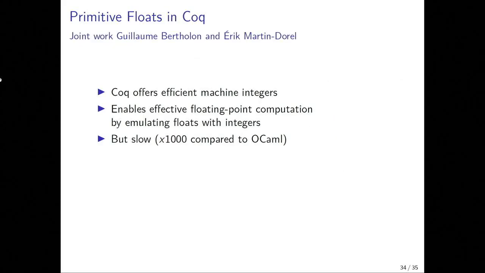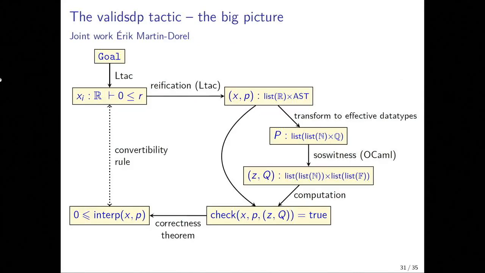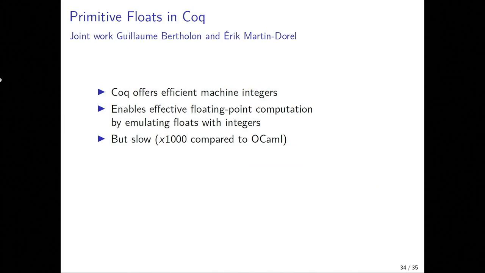And the last point is that we are doing floating point computation inside Coq, because here we have to compute the Cholesky decomposition to check that it actually works. And we have to do it inside Coq since we rely on this computation to be correct. And unfortunately, currently in Coq, we get only integers that can be computed with the arithmetic unit of the processor, so that are efficient enough.